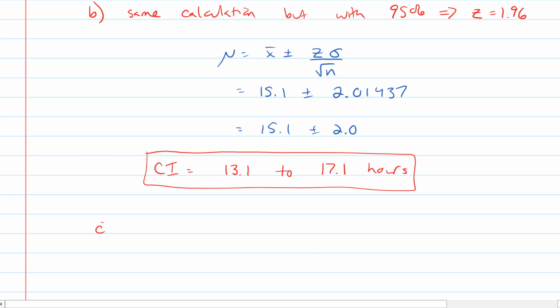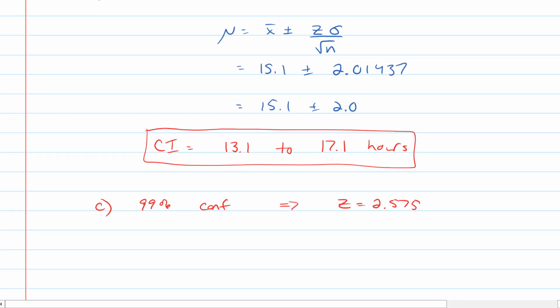And then part C, we want a 99% confidence interval. That implies that our z now is equal to 2.575, again looking it up on our chart that we did earlier. So we get mu is equal to x bar plus or minus z sigma over the square root of n.